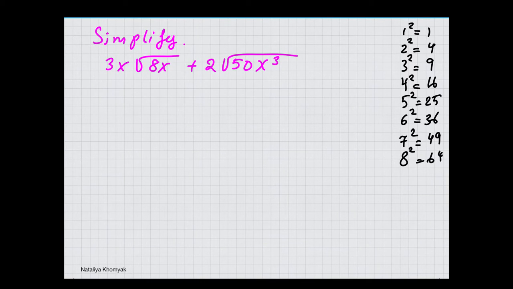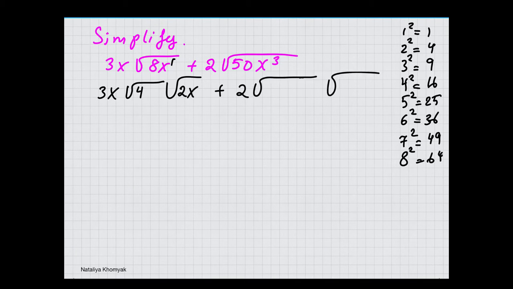So we have 3x times radical of 8x plus 2 times square root of 50x to the third power. So first thing we want to do is simplify the radicals. We have 3x, biggest perfect square that goes into 8 will be 4 times 2. X is to the first power, so it will stay as is, plus 2 times the largest perfect square that will go into 50, which will be 25 times 2.